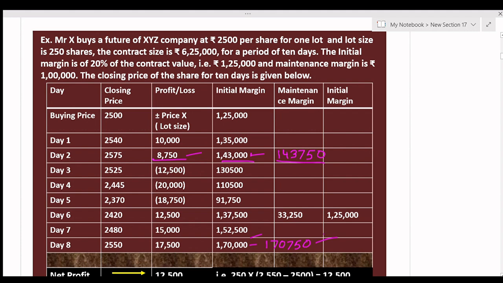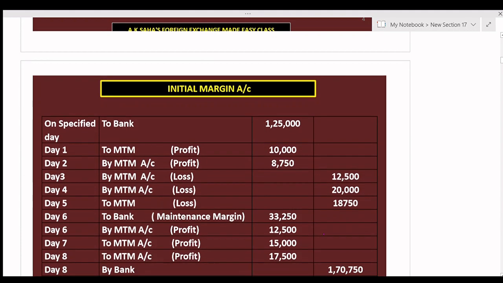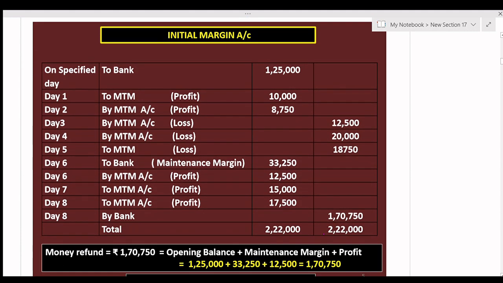It will tally with the initial margin account here, 1,70,750, which is refunded to the participant. Bank account debit to initial margin account. This is the mistake I made last day.